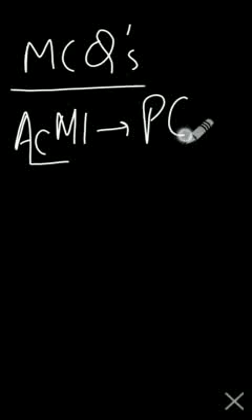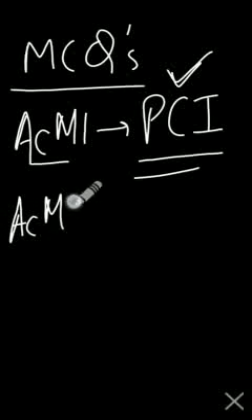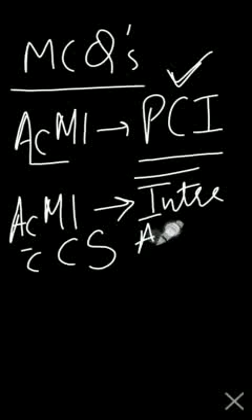A few important frequently asked MCQs regarding the management of MI. The best intervention for acute MI is PCI, percutaneous coronary intervention. And the best management for acute MI with cardiogenic shock is the intra-aortic balloon pump.